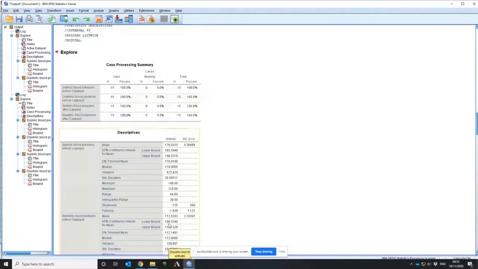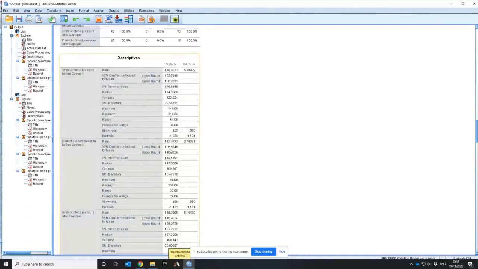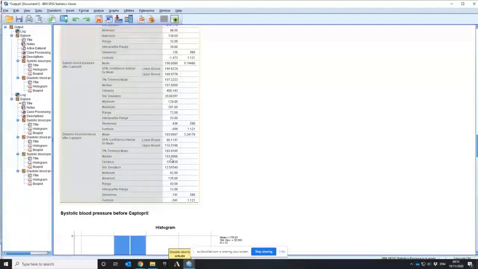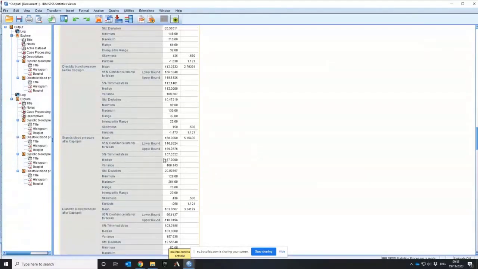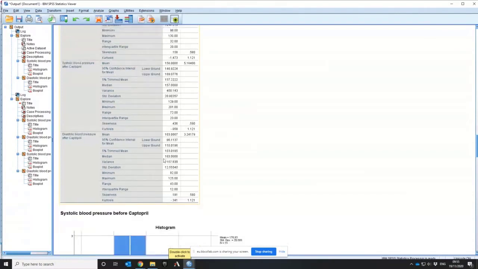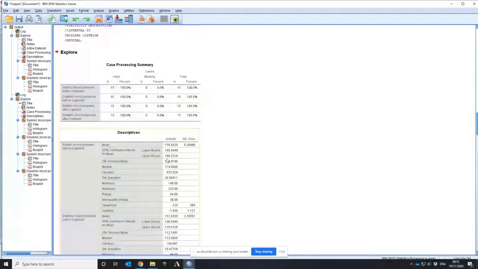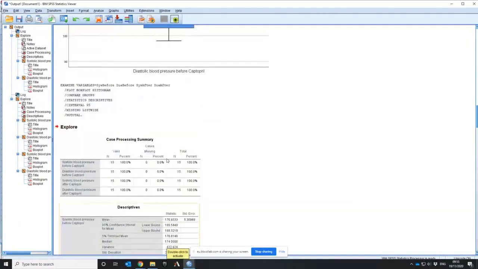For the diastolic, it goes from 107 to 118, being its confidence interval, to 96 to 110. Again, there's overlap of the two confidence intervals. It's not a big overlap, but it's suggestive that your treatment's working, but it's not very strong evidence that your treatment's working.